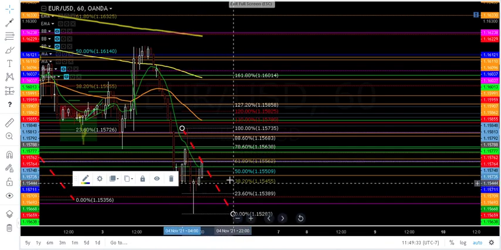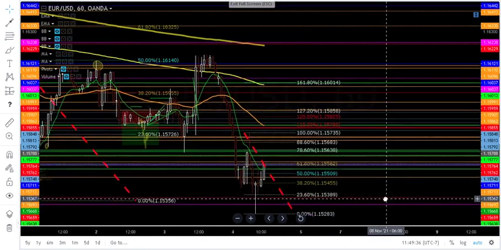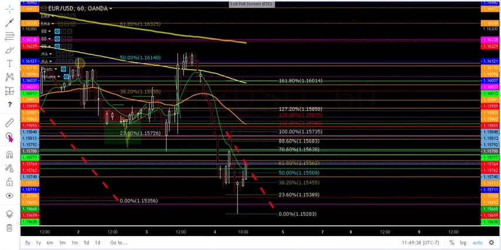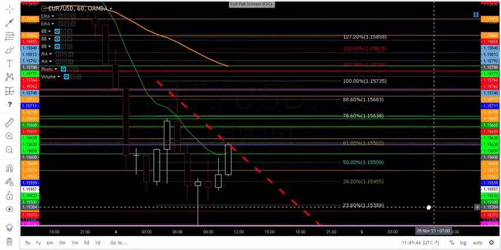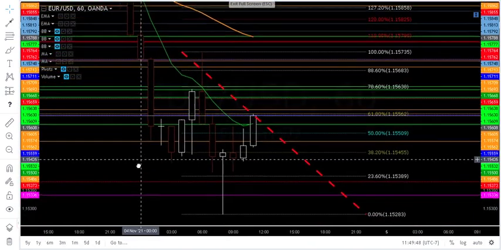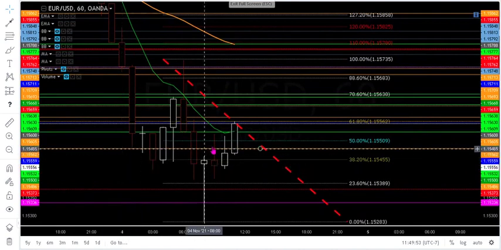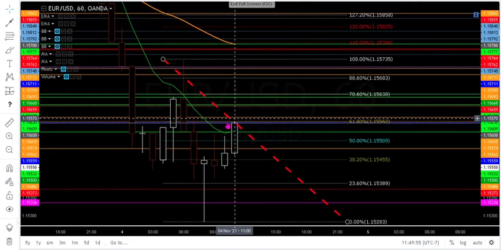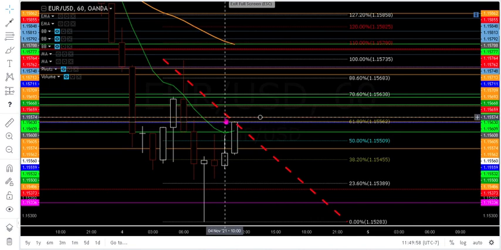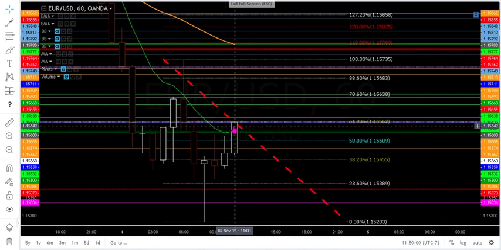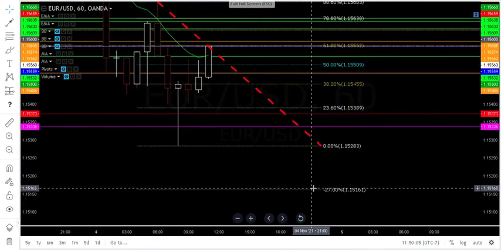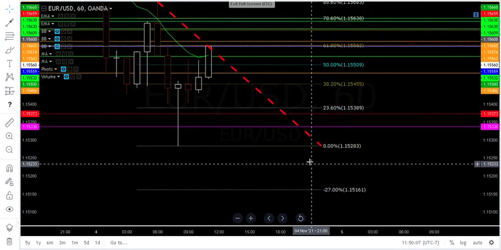It's probably going to reverse off of the 61.8 and go down, because these are key reversal areas. Yeah, see, it's struggling right around this 61.8. So price is going to come down, and then the take profit would be negative 127.